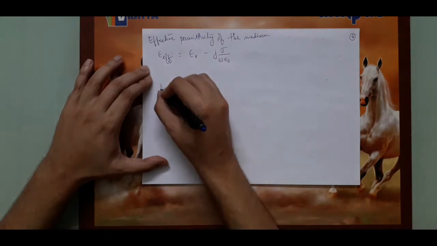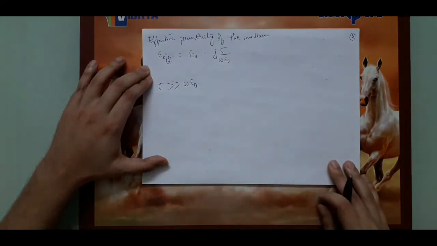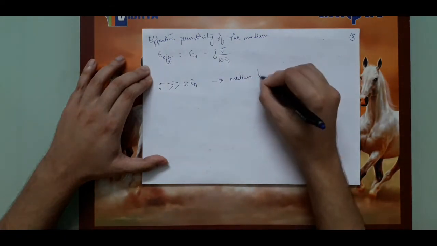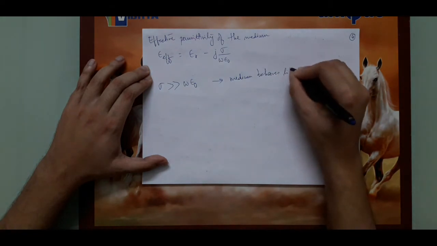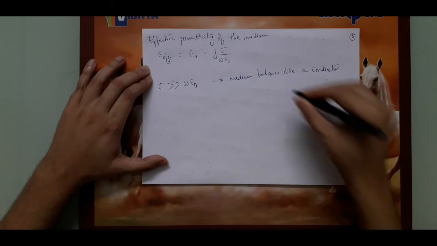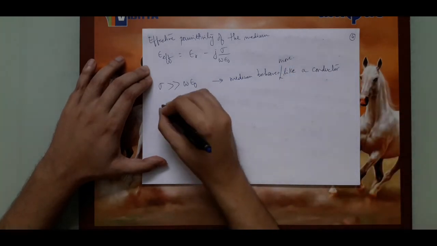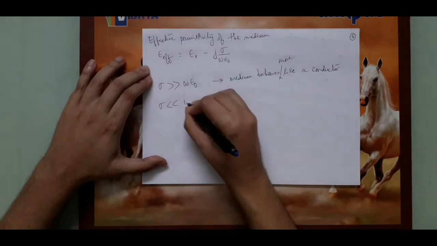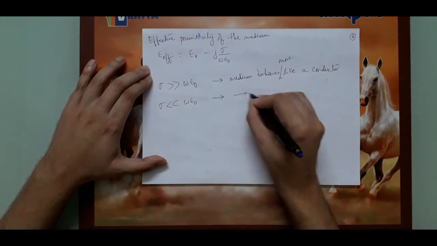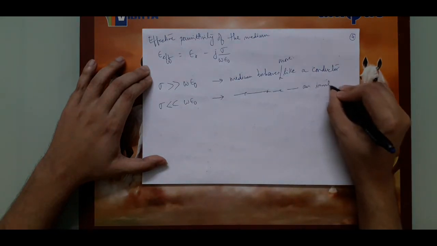So I can say when sigma becomes much, much more than omega epsilon 0, the medium behaves more like a conductor. And when sigma is much, much less than omega epsilon 0, the medium behaves more like an insulator.